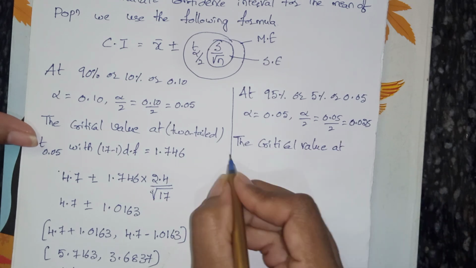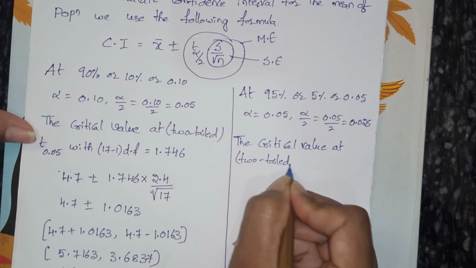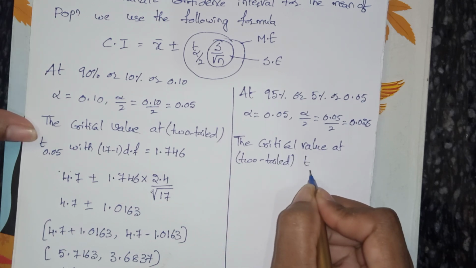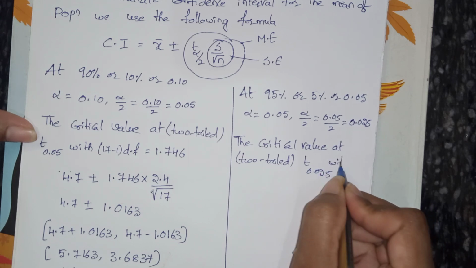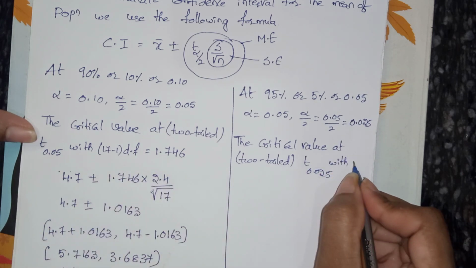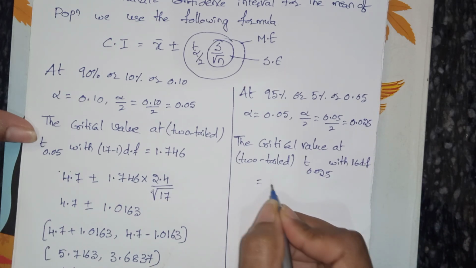Okay, yeah. The critical value at two-tailed, don't forget two-tailed, t 0.025 with 17 minus 1, that is 16 degrees of freedom, equals how much?